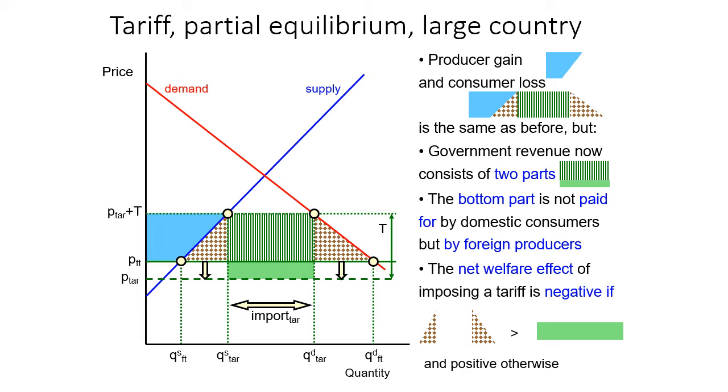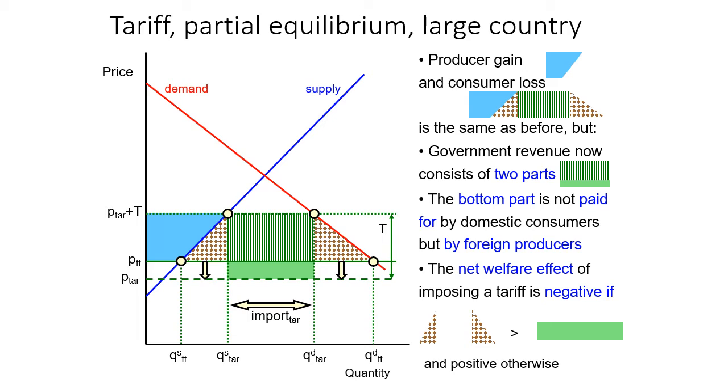The analysis is similar. So once you have reduced the price because of the reduced demand, we now add our tariff to the price. So the world price that's faced now by everyone is PTAR plus T, the higher price line. So here are three price lines. The PFT is your normal free trade price line, that was your normal world price.